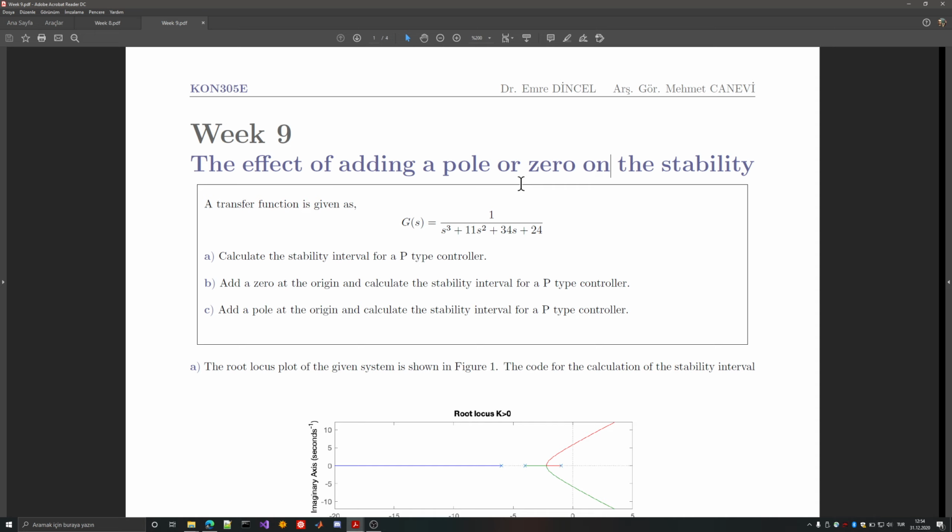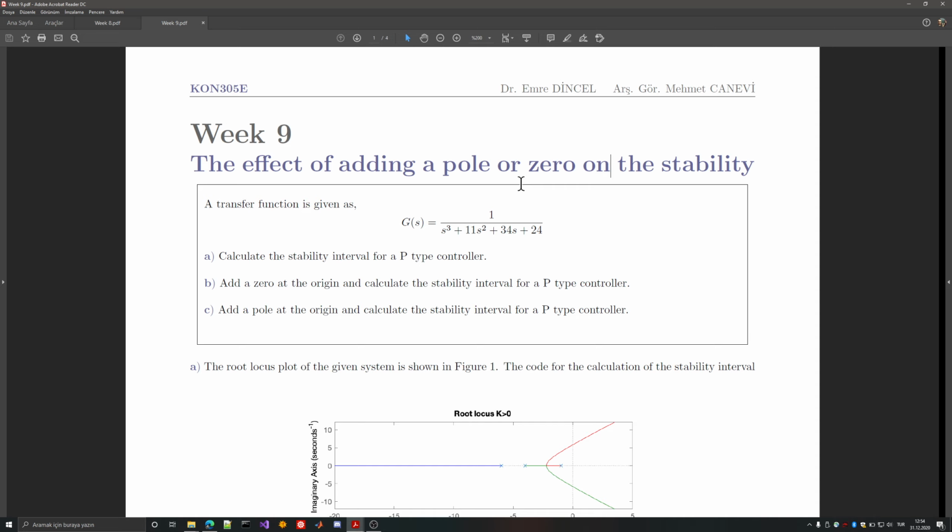So we see that adding a zero and a pole will basically alter your system, and adding a pole has an effect that we've examined here. Adding a zero has a different effect.